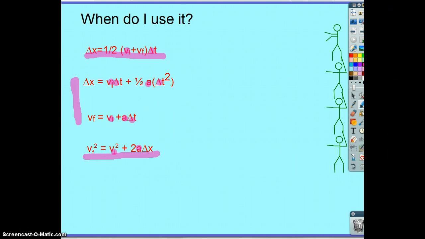When you look at the next question, number 22, a car starts from rest, VI, and it travels for 5 seconds, time, with a uniform acceleration of positive 1.5.